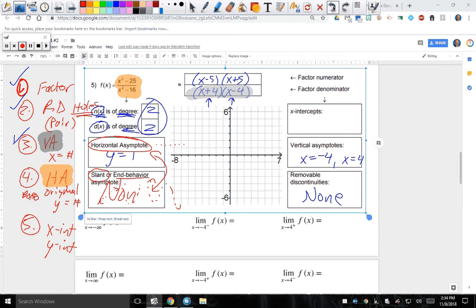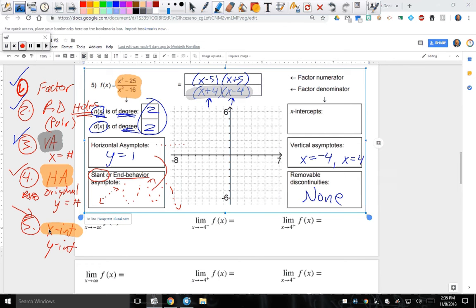Alright, so now that we've identified the horizontal asymptote, the last thing is we're going to go to x-intercept and y-intercept. How do I find my x-intercepts? What do I do for my x-intercepts? Set the numerator equal to 0.